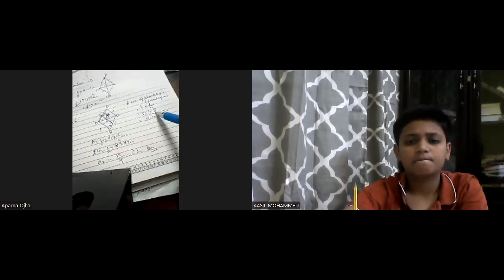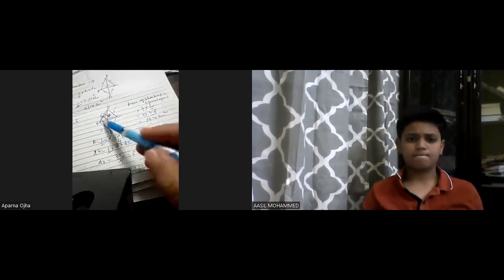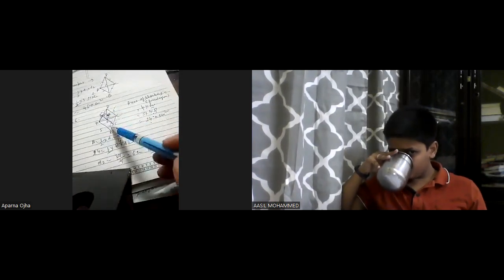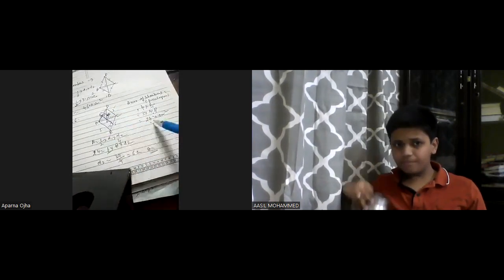Height means altitude. How much is that? That is 4.8. So the total area of this parallelogram is 24 square centimeter. For this whole figure, parallelogram, that means rhombus, the area is 24 square centimeter.